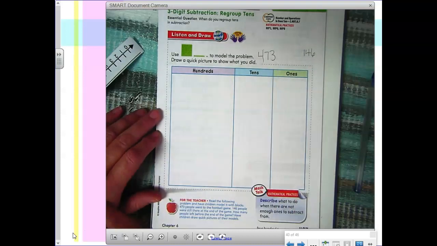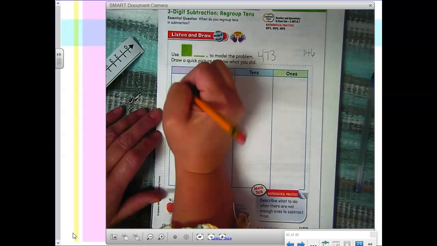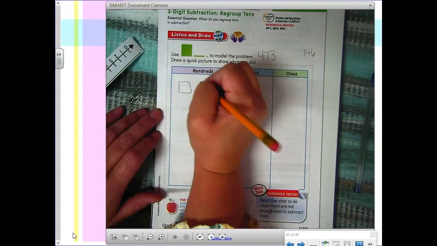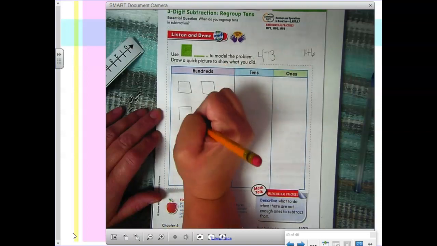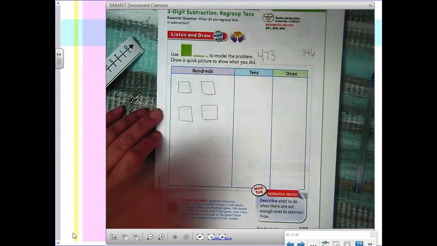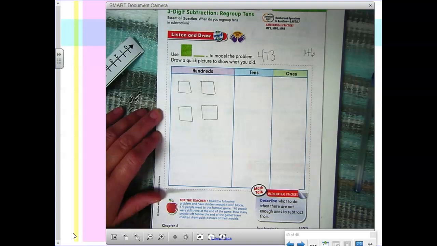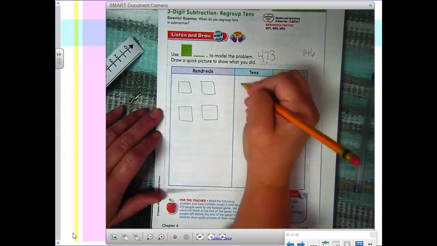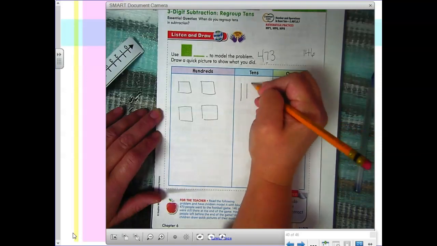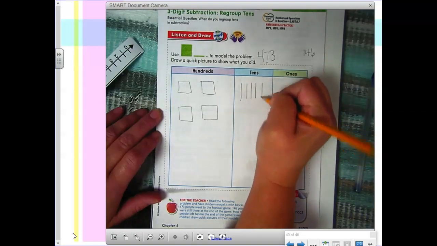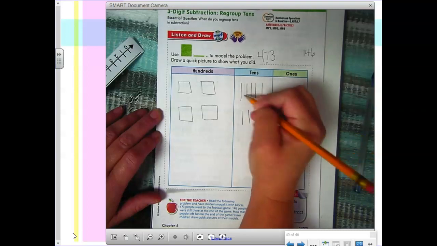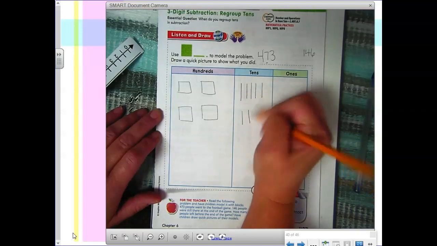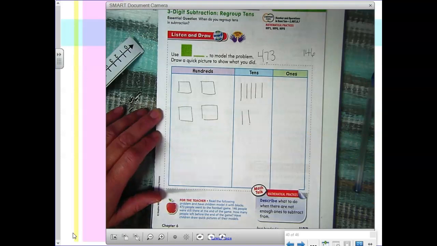So 473, how many hundreds? 4. How many tens? 7 tens. One, 2, 3, 4, 5, 6, 7 tens.